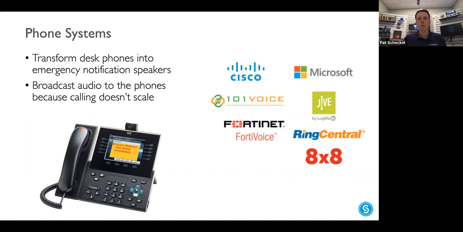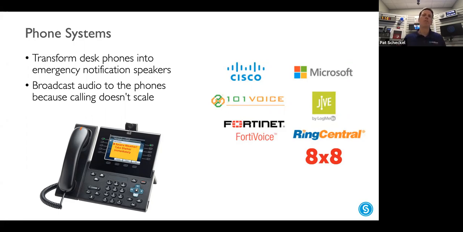The reason you don't want to do that is, one, it's very slow, even if you can make hundreds of calls a second. And the flip side of that is, the faster it is, the more likely you're going to run into scale problems, because you don't have enough trunking capacity out to the outside world to allow those calls to come in at a sufficiently quick rate.